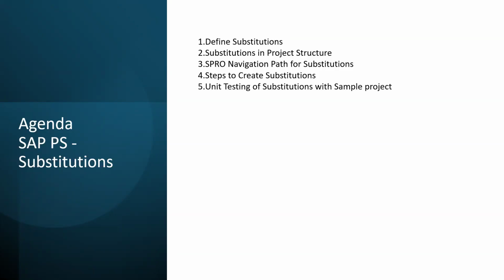No one questioned that, so I have gone through that video and I don't want to miss anything. Then the steps that we need to follow while creating substitutions, similar to validations. Finally, once the substitutions are configured, we need to perform unit testing as discussed in the earlier class. These are the 5 steps of today's agenda.